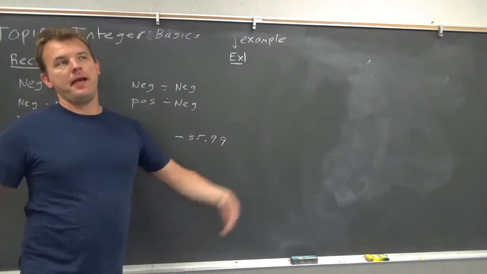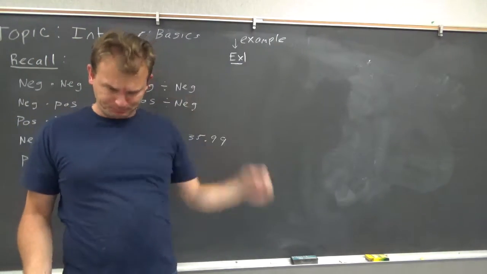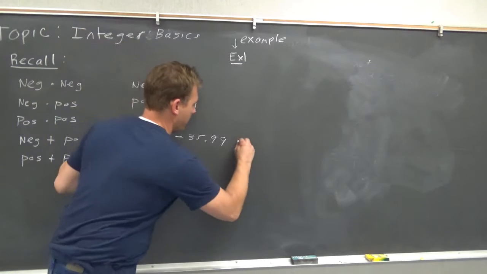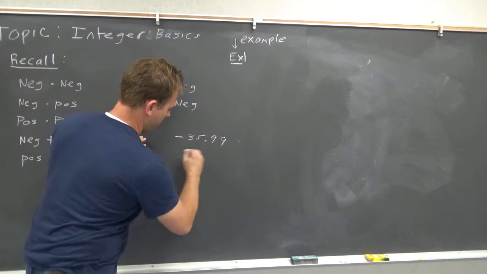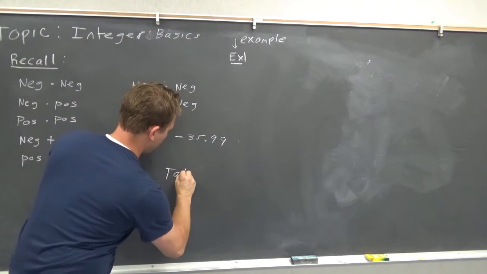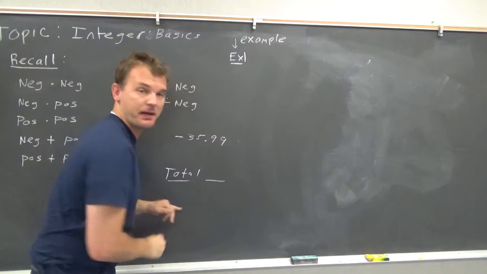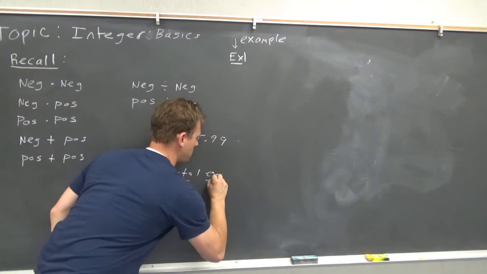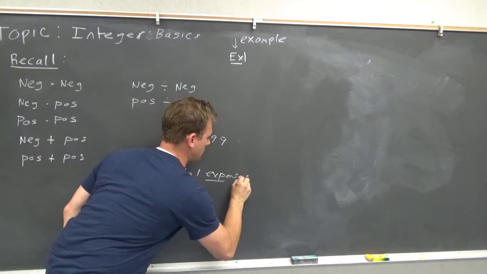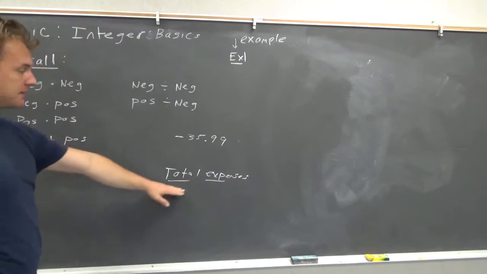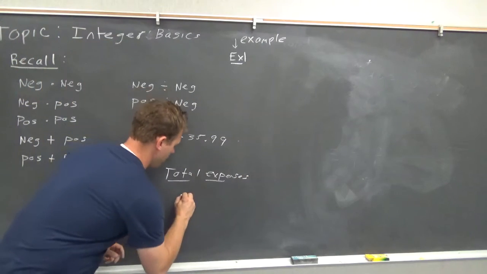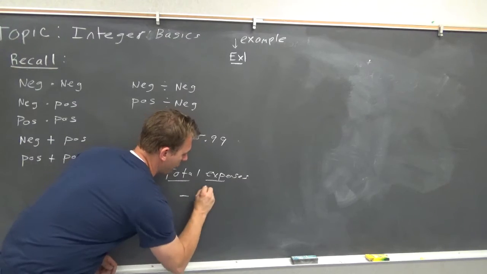Let's say at the end of the month there's a total here, maybe your total of expenses. Well, technically that's a negative dollar amount.